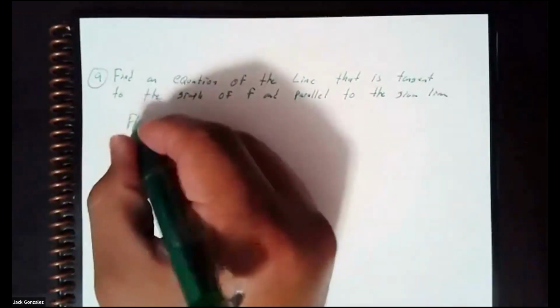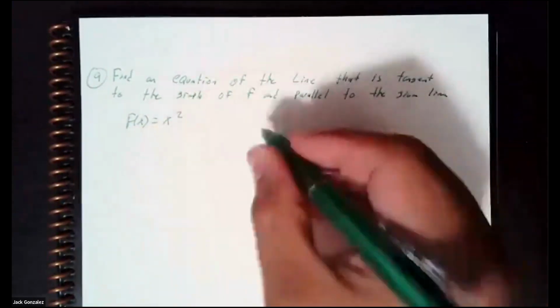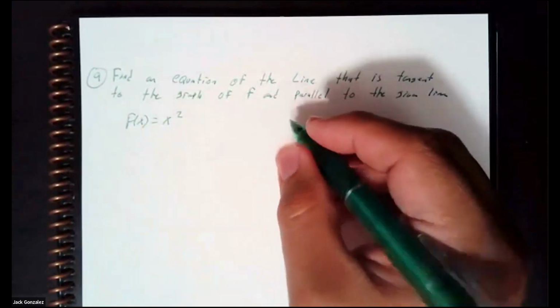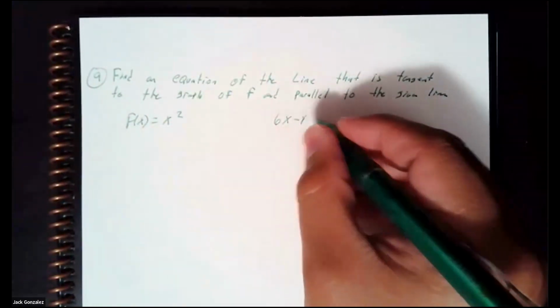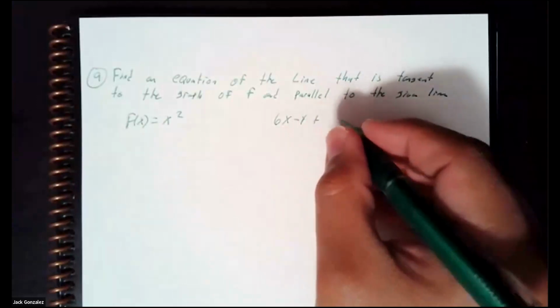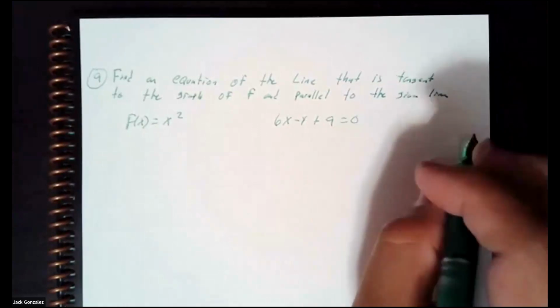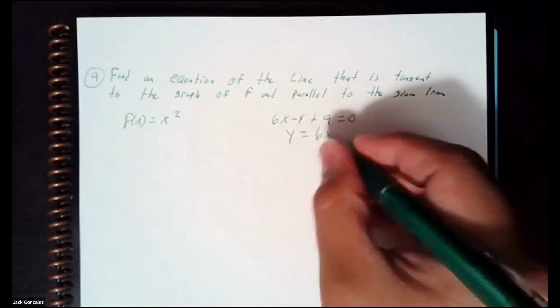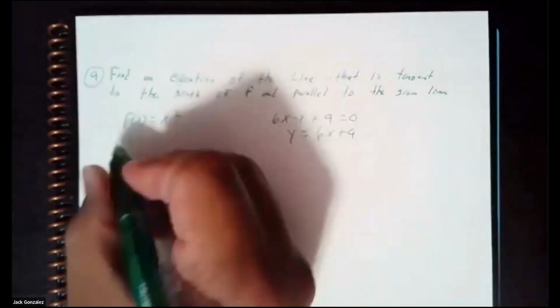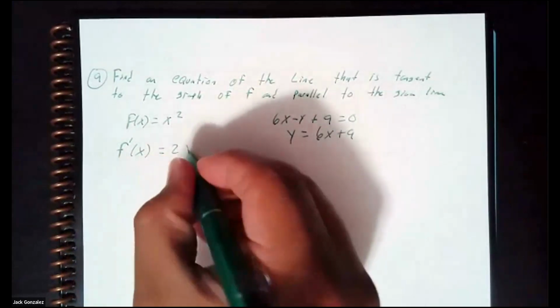So they gave us this function. They gave us a random line. If you solve for y, you will see that this is equal to 6x plus 9. If you find the derivative, you will get 2x.